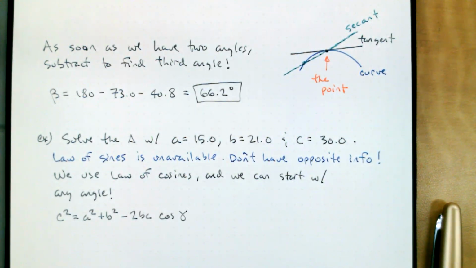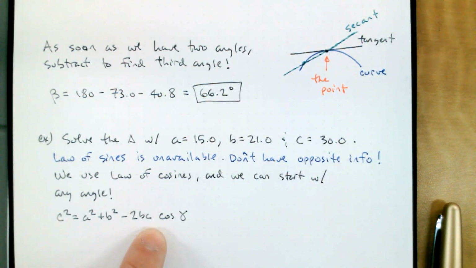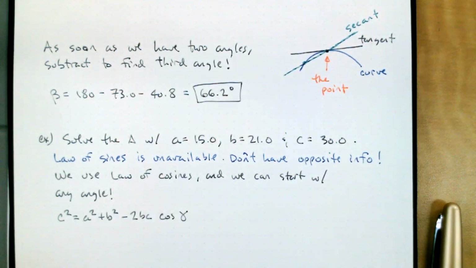Before we plug numbers into this equation, let's solve for gamma and see if we can see any patterns. So if I want to solve this equation for gamma, gamma is in that last term, our generalizing Pythagorean theorem term. So I'm going to subtract the non-gamma terms.